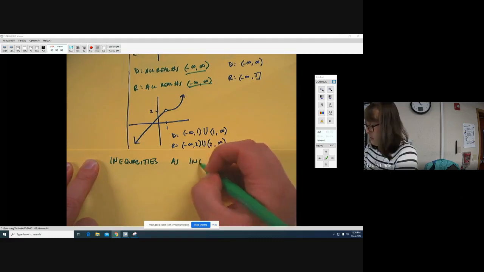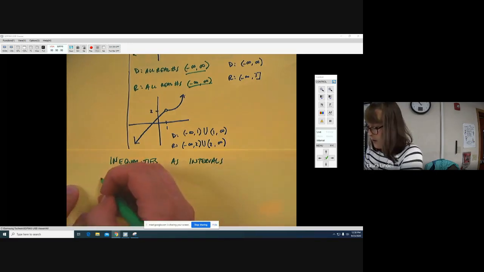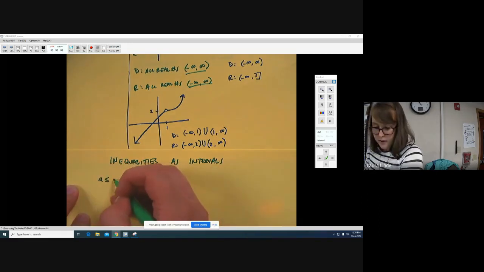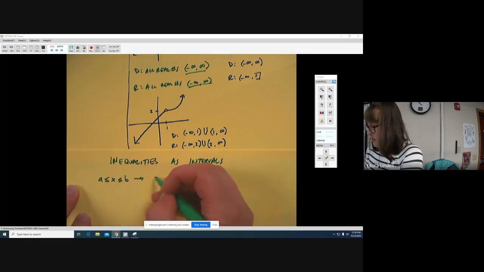Inequalities as intervals. So if I have less than or equal to's on both sides, then my interval would be the interval from A to B, inclusive, with brackets.